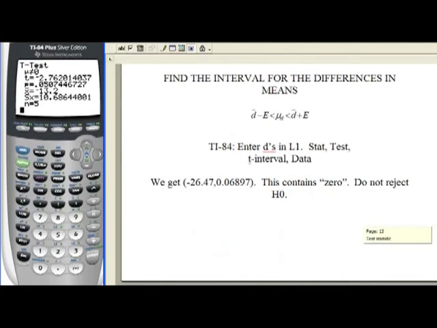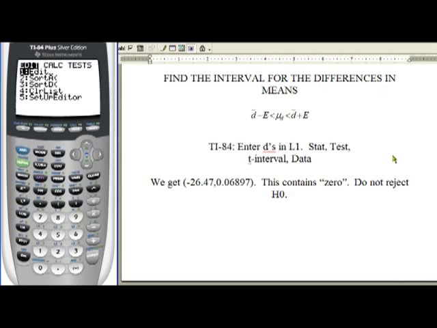Now, if I want to do the interval for the differences, all I have to do is Stat. You can use the big lengthy formulas, but I'll use the calculator, Stat, Test. It says L1, you can put in L1, but I put it in L3 at this point.